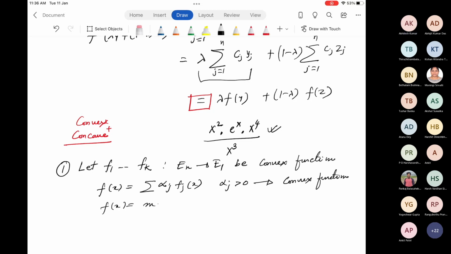And f(x) equal to the max of f1(x), f2(x), up to fk(x) is also a convex function. So given all these f1 to fk are convex functions, a linear combination of convex functions is also convex. The max of convex functions is also convex. If you do not agree with me, then prove it is not. Or it might come in your exam to prove this.